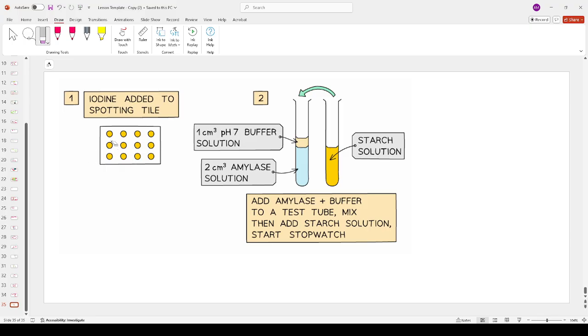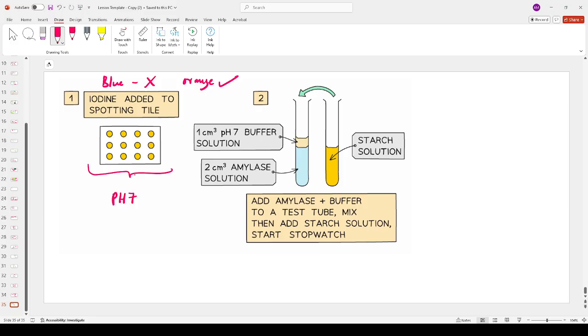Now, remember, what's the purpose of iodine? Iodine, if blue, means the enzyme is dead, and if orange, means the enzyme is working. There are a few tiles, yeah. We're only using one tile at the moment because we're only investigating pH 7.